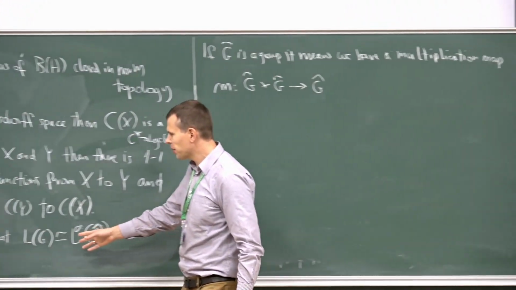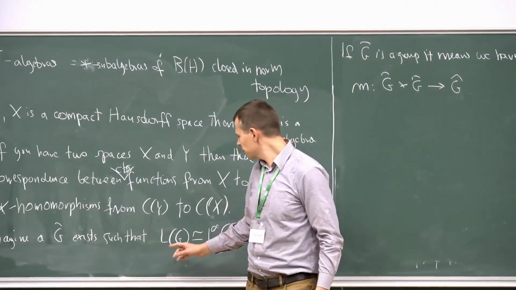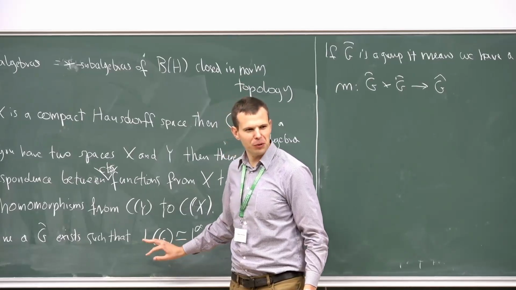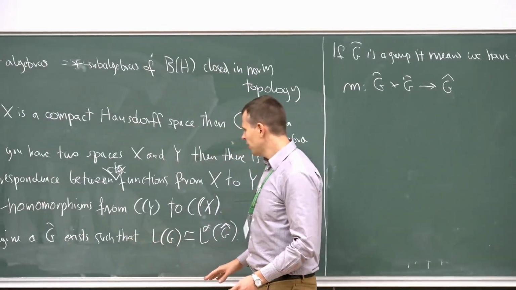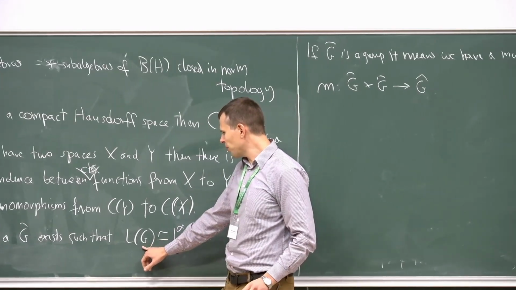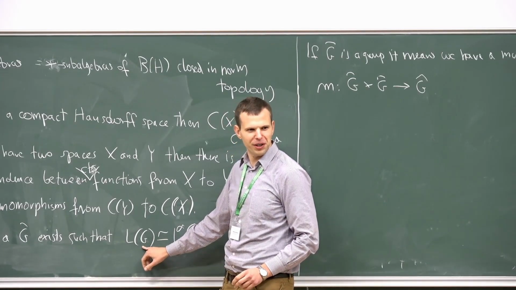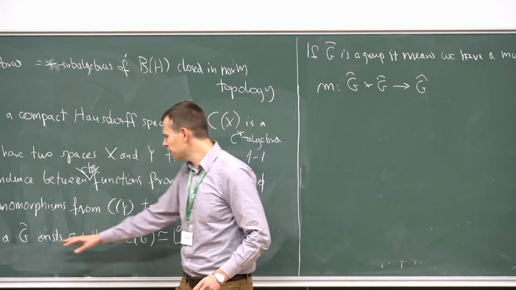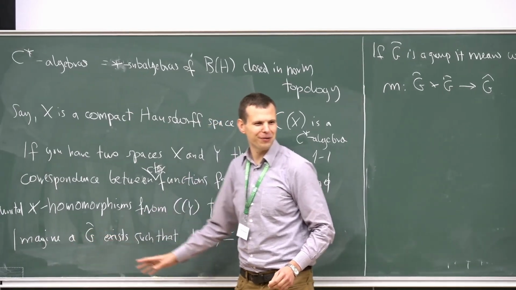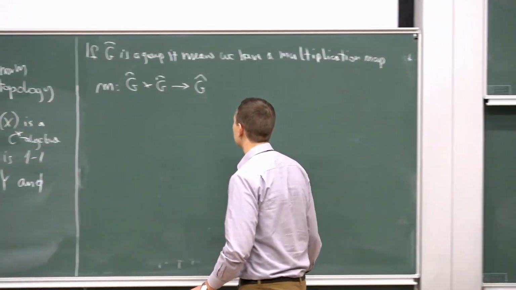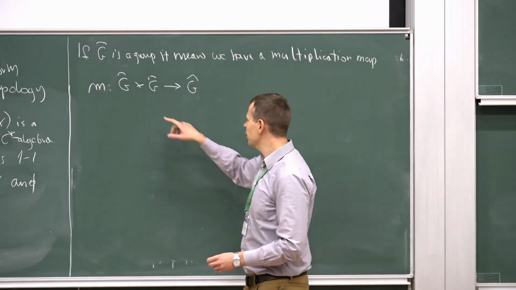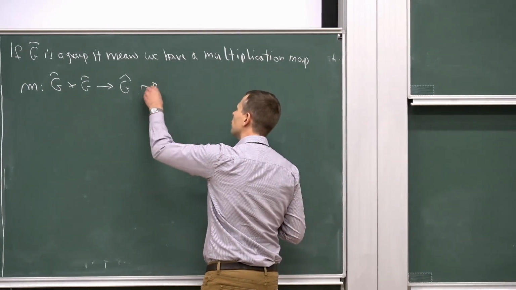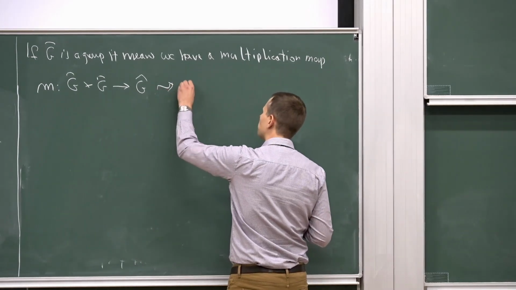Now G is locally compact, probably even better to stick to discrete or compact. I will mostly focus on discrete and compact. But here G is locally compact, and specifically I want it non-abelian. This is an imagined object for now. In this imagined object you would have a group structure, and this would correspond to a star homomorphism, which we'll call delta.